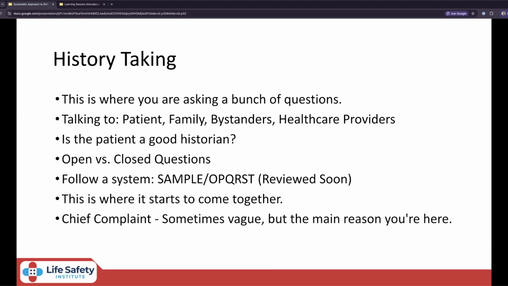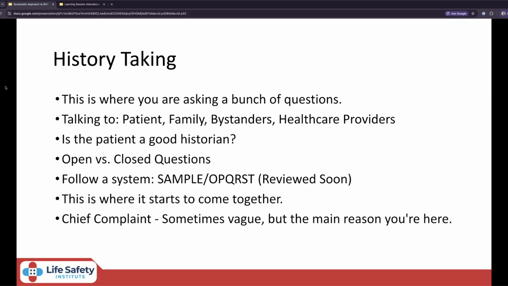The chief complaint may be chest pain. The chief complaint may be dizziness. It may be weakness. They can frequently be vague, right? That general malaise patient we talked about earlier, it's just a bunch of symptoms of not feeling well. But sometimes it can be really clear and concise, like a fall from a 20-foot ladder, right?